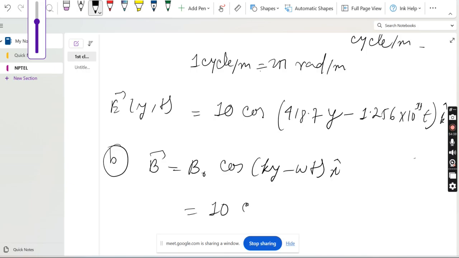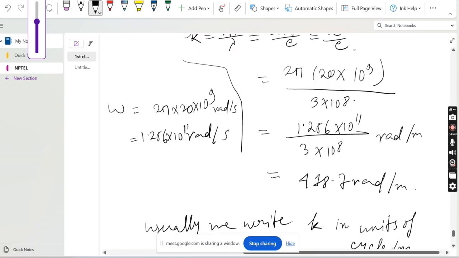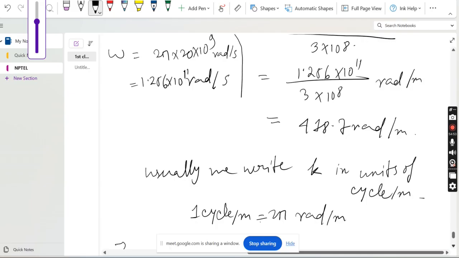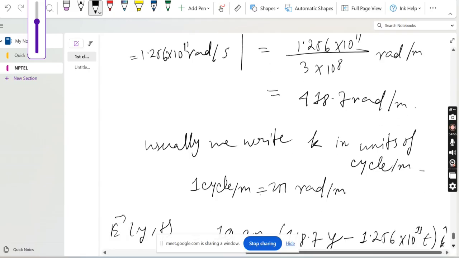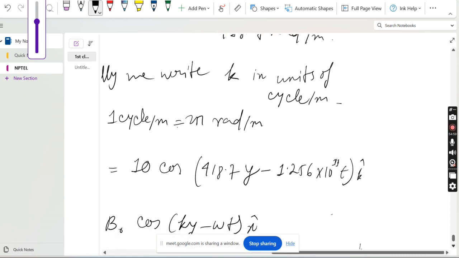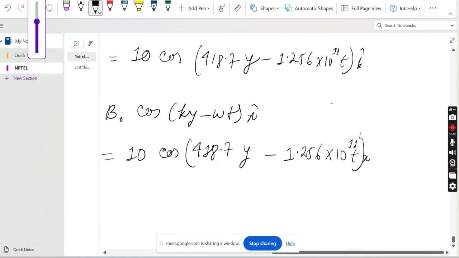That will be 10 cos, k is 418.7, and then y minus omega is 1.256 into 10 to the power 11 t.